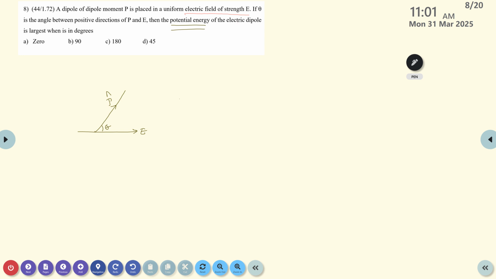This is theta. Then you know that U equals minus PE cos theta. You know this equation. Okay. Now, if theta is the angle between the positive direction of P and E, then the potential energy is what he is asking. Let's do it.